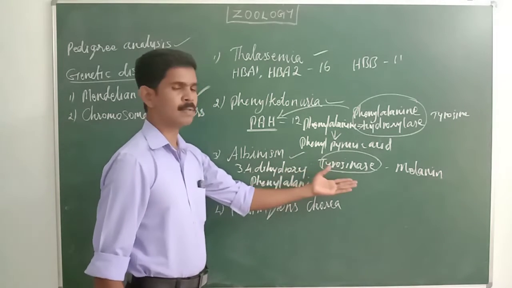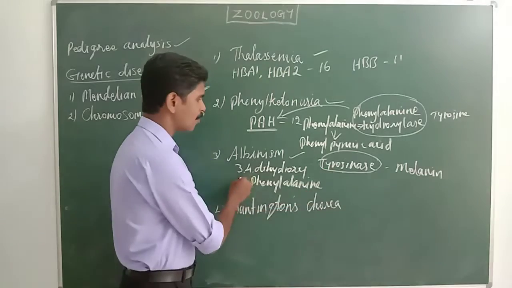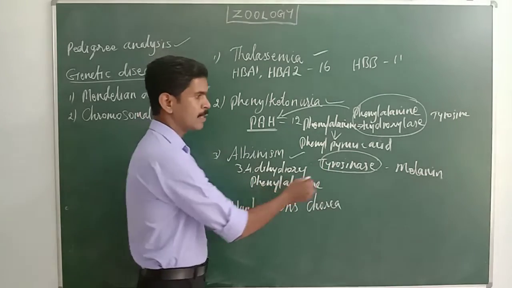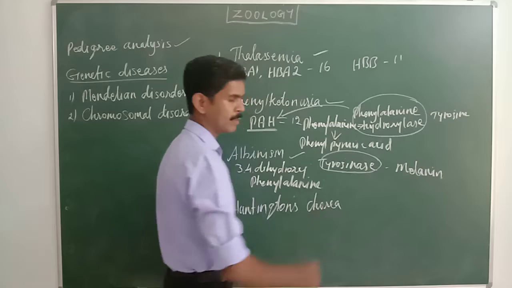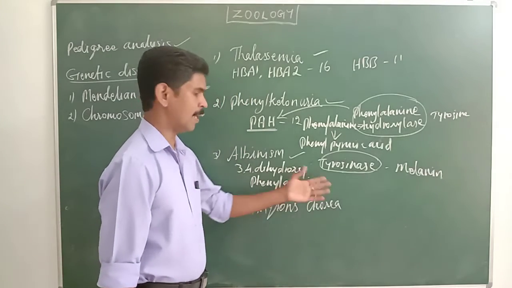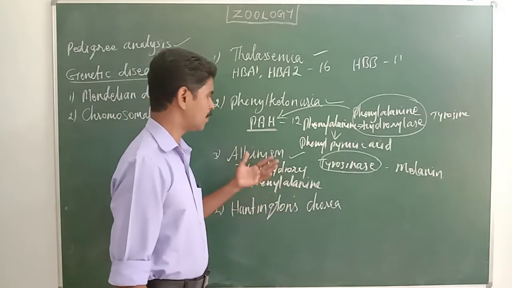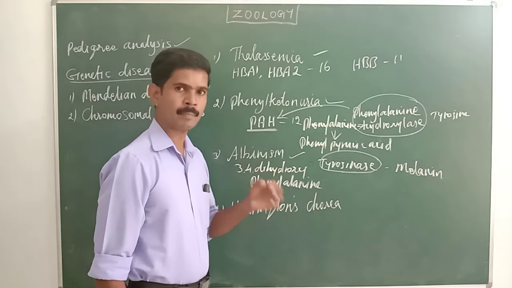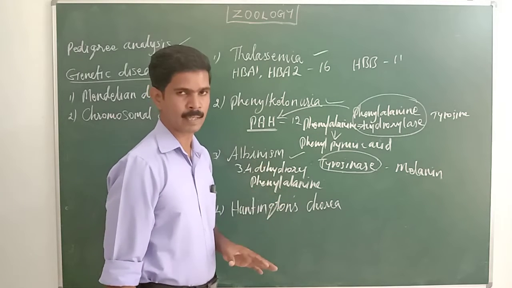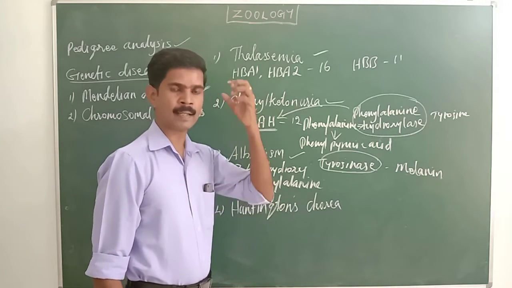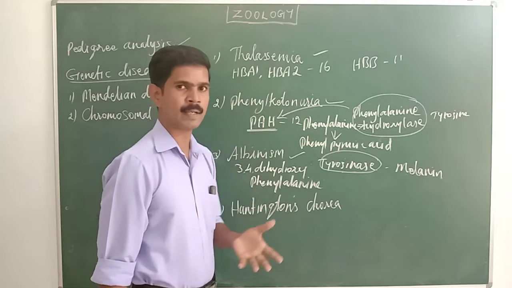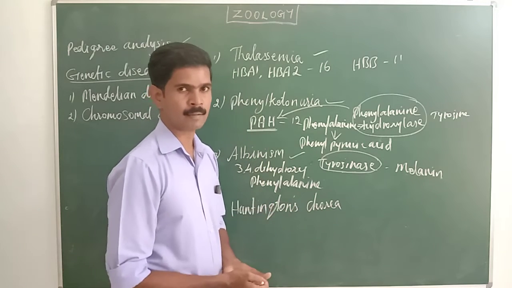If there is no tyrosinase enzyme, 3,4-dihydroxyphenylalanine is not converted into melanin. So the skin color of an albino is a very milky white color. The color of the eyes and the hair is also white.